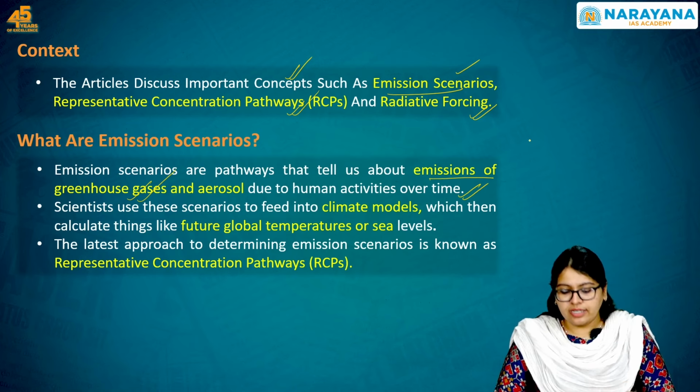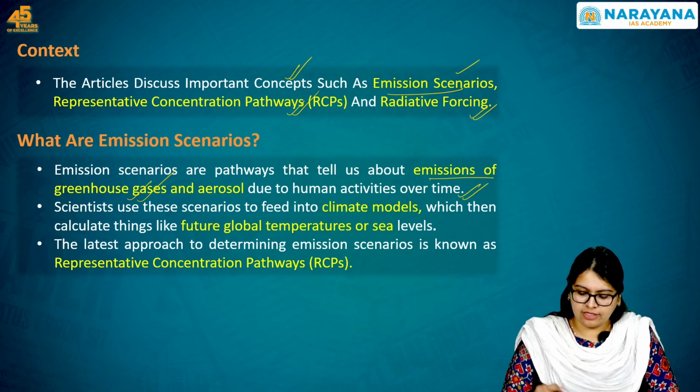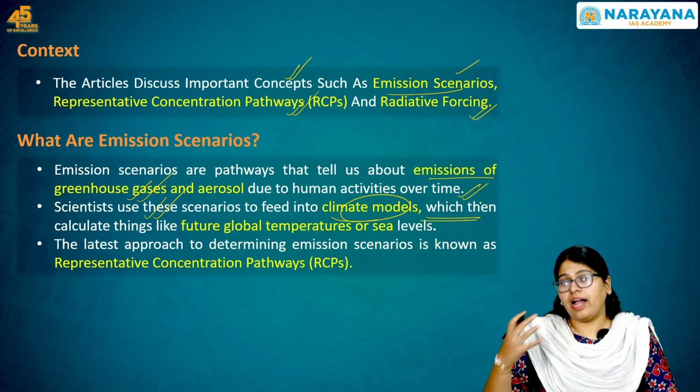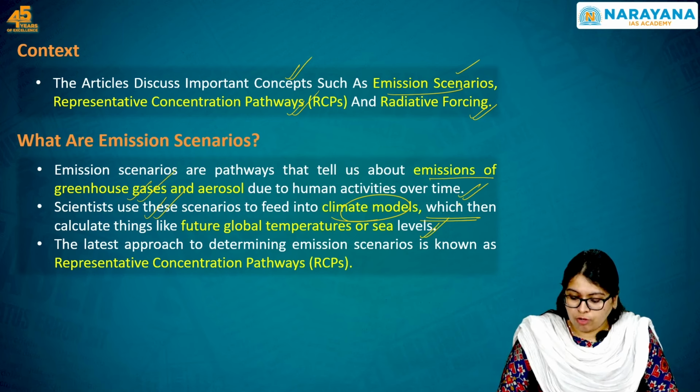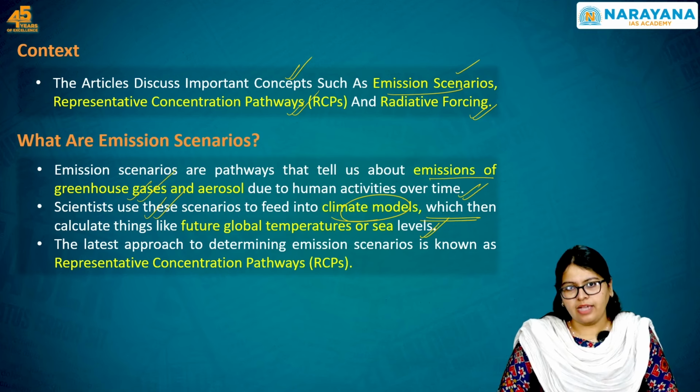These emission scenarios or pathways are utilized by scientists in their climatic models, which give them an idea of future global temperatures, sea level rise, or associated global warming activities.